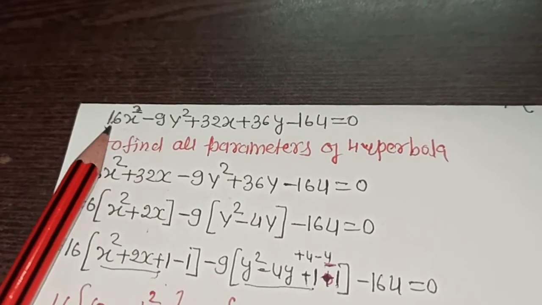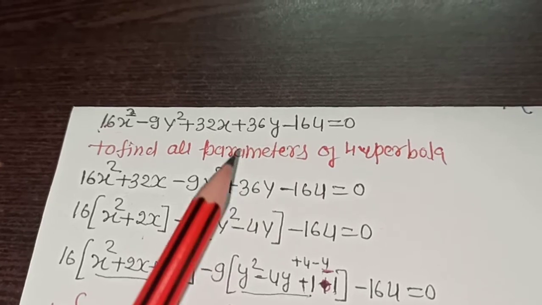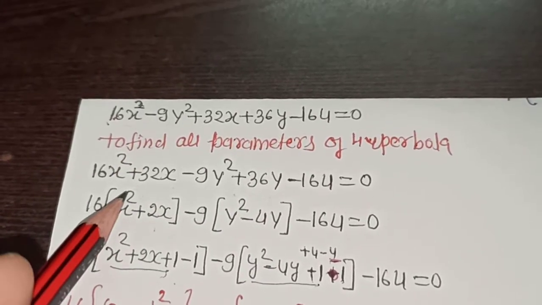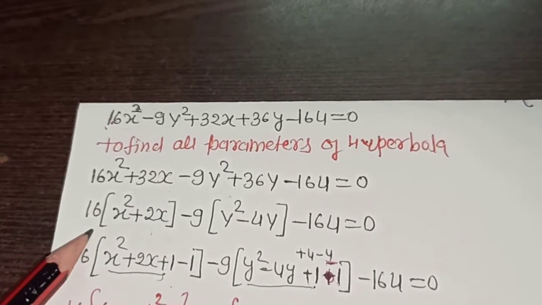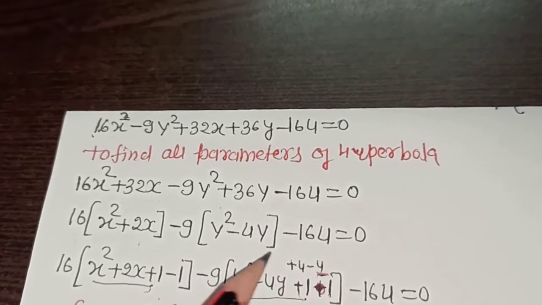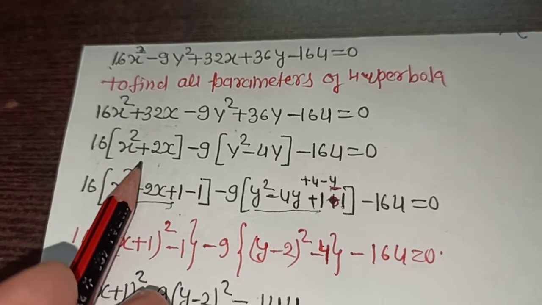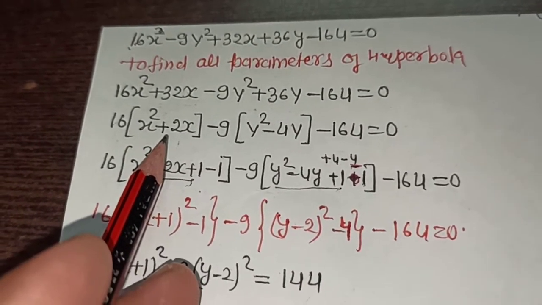First of all, arrange all the x terms together and all the y terms together. You can see that I arranged them over here. Now we will use the completing square method. So you can take 16 common from both sides, you can take minus 9 common, it will remain the same. Now by using the completing square concept, I hope the completing square is clear.